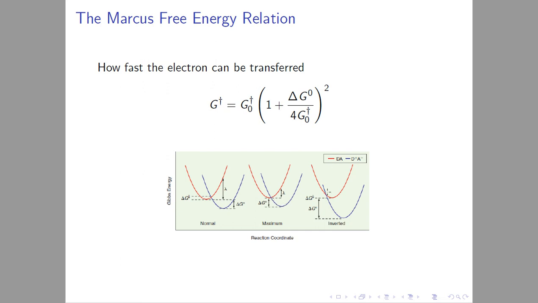And in this inverted one, these are the reactant and these are the product, meaning that the electron can easily move to this product without any factor, temperature change, or induced voltage increase. So the electron can move from reactant to product. So that is the Marcus free energy relation.